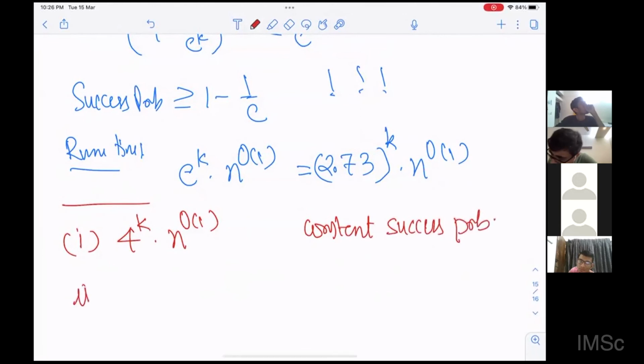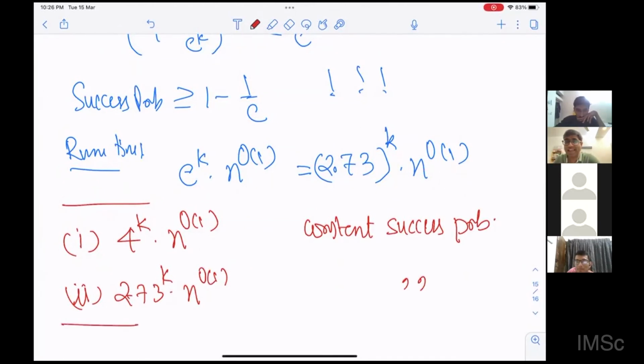The second algorithm we made is 2.73 to the power k times n to the power big O of 1, with constant success probability. Great. But up until now for vertex cover, we have not seen any deterministic algorithm.